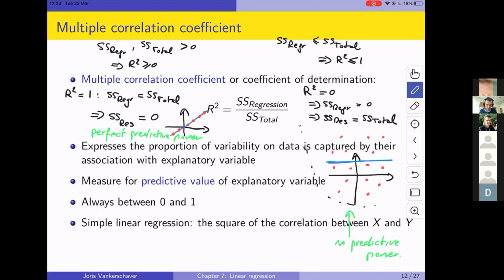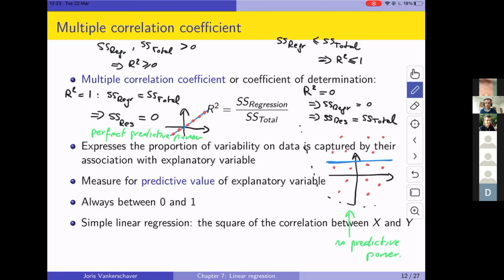Another way to look at this is to say how much of the outcome the predictor captures. If I know the predictor, how sure am I of the outcome? How well can I predict the outcome? In the first case, if R squared is equal to 1, I'm 100% confident that I can predict the outcome.